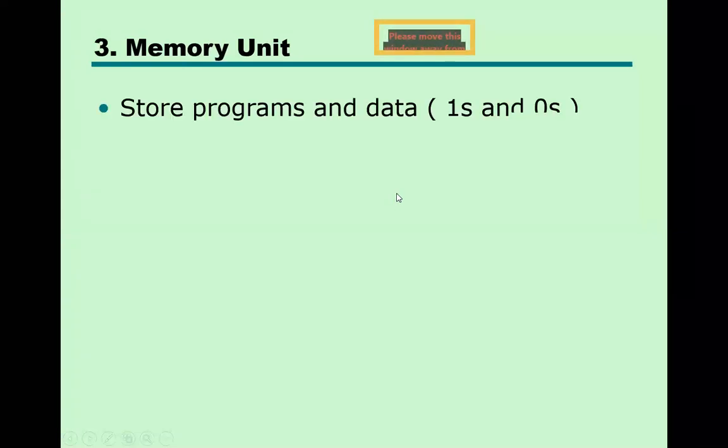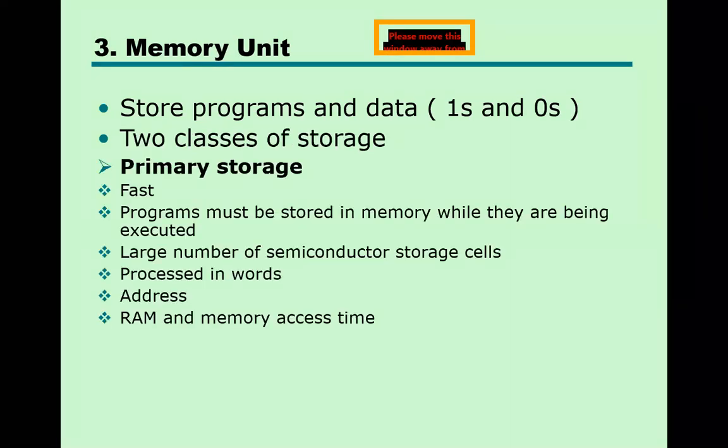So broadly, we can categorize the memory unit into two categories, that is primary and secondary.